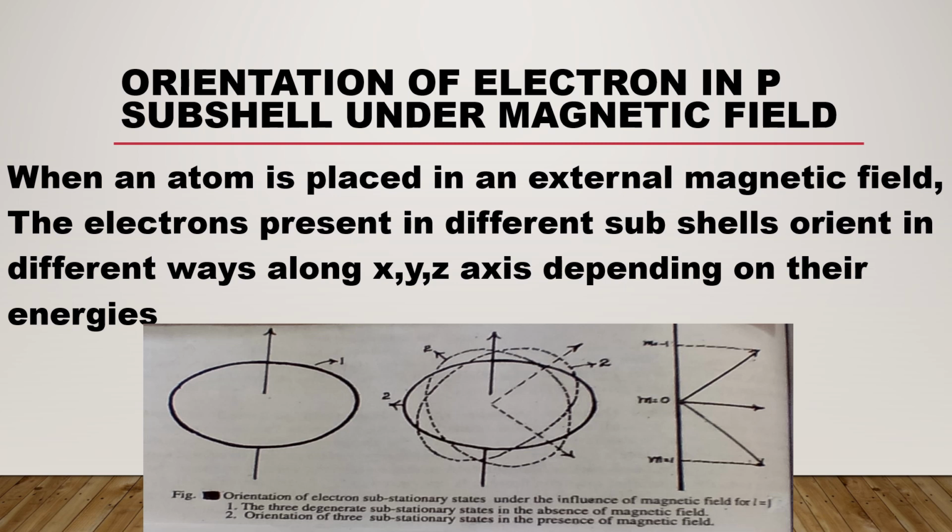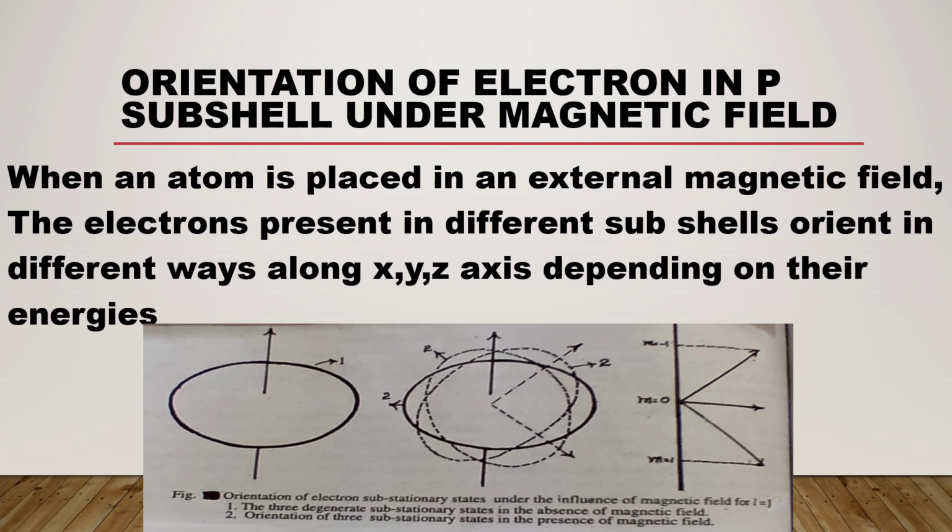When an atom is placed in an external magnetic field, the electrons present in different subshells orient in different ways along x, y and z axis depending on their energies. Observe the diagram carefully. This diagram shows the orientation of electrons in substationary states under the influence of a magnetic field for l equals 1, that is the p orbital.